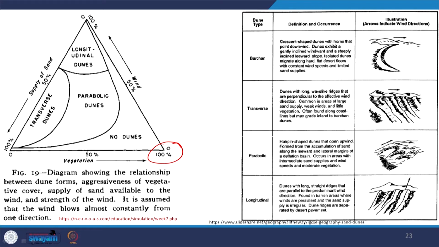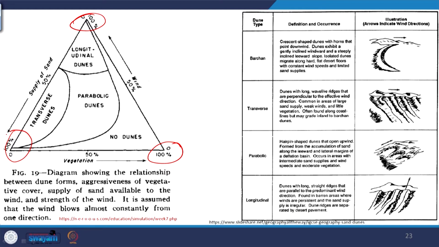That means it provides sufficient cover or resistance to the wind to remove a sand particle from its surface. Here we have 100% wind, that means very high wind speed. Then 100% sand supply, that means sand supply is sufficient.